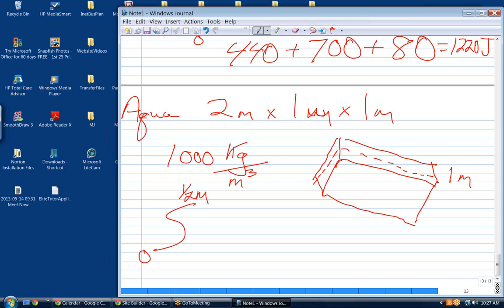What we're going to imagine is that the water is going to be partitioned into thin slabs by planes perpendicular to the height. In other words, this is the front of my aquarium. This is the back side.